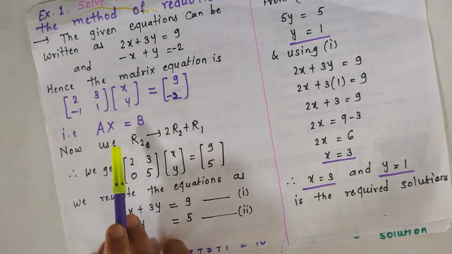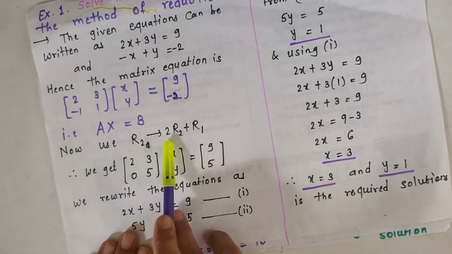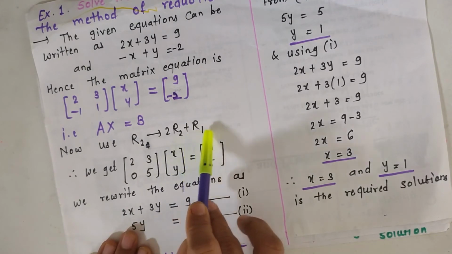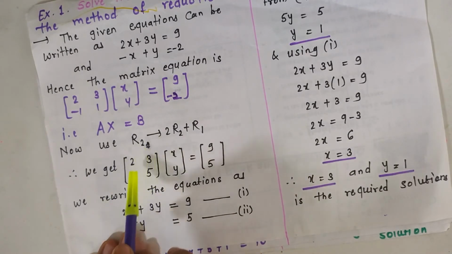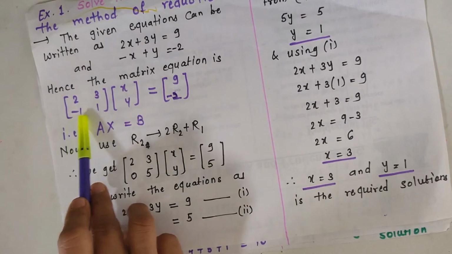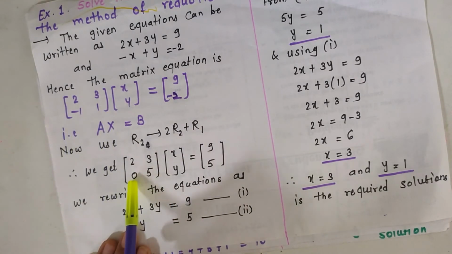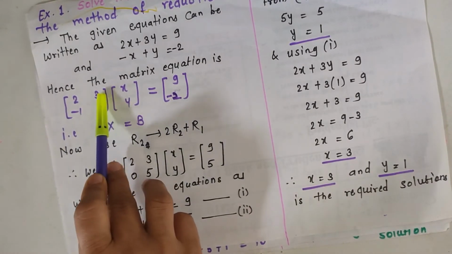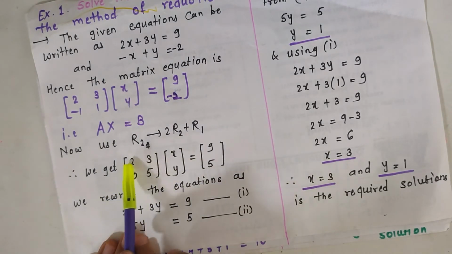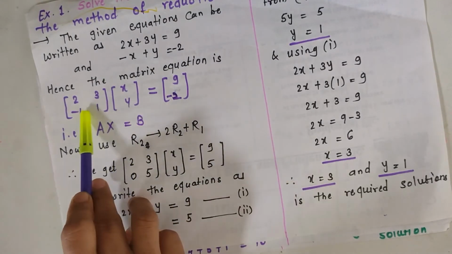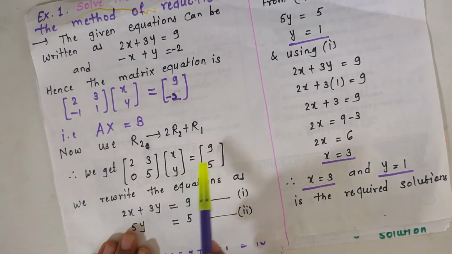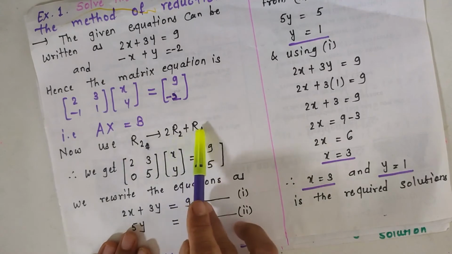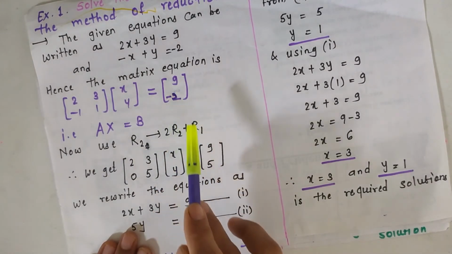So applying the row transformation on R2 such that R2 becomes 2 R2 plus R1, we get the second row elements 0 and 1 into 2, 2, plus 3, 5. There is no change in the first row of the matrix A. The same row transformations are applied on the constant matrix.